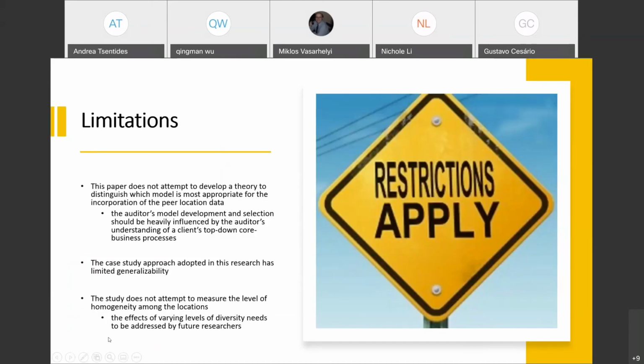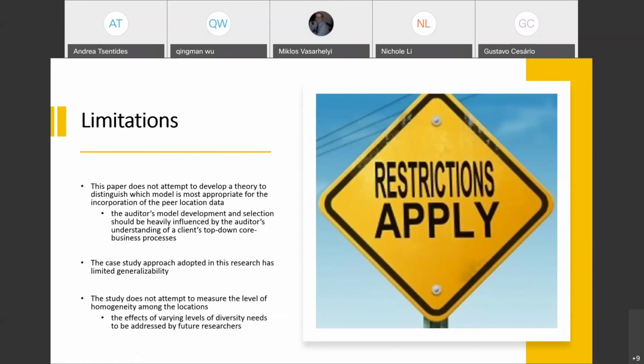A caveat from the authors is that this paper does not attempt to develop a theory to distinguish which model is most appropriate. Again, the auditors should really think about understanding the client's top-down core business processes before deciding which model is best to be used in their analytical procedures.